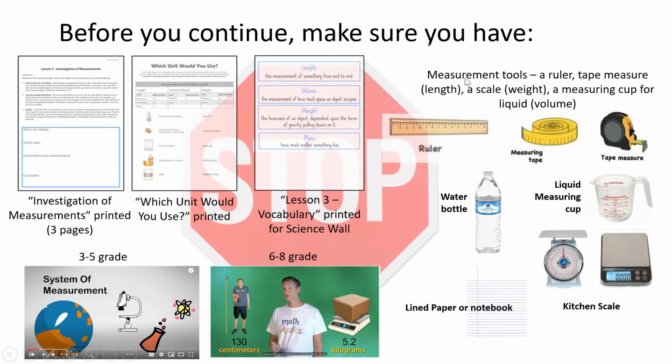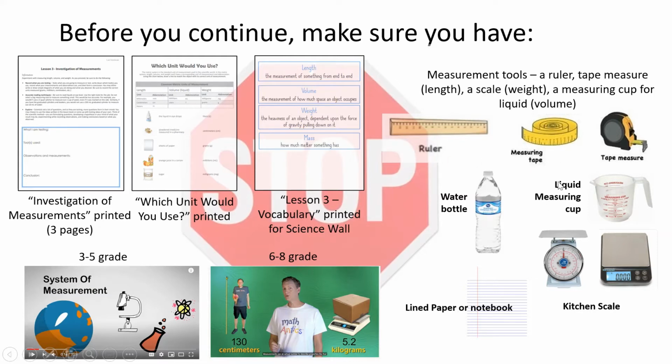For today's lesson, I'm going to need you to have some measurement tools. So you're going to need a ruler, a tape measure for length, a scale for weight, and also for mass, a measuring cup for liquid, for volume. So here's a ruler, a measuring tape or a tape measure.